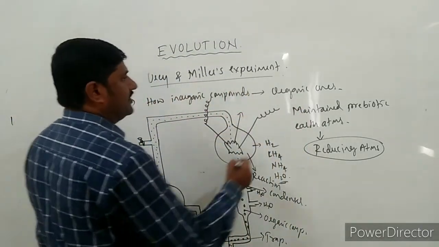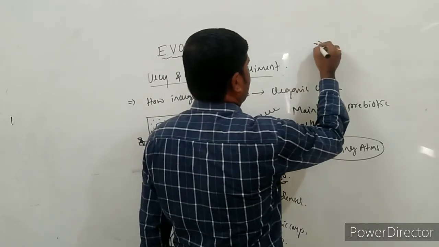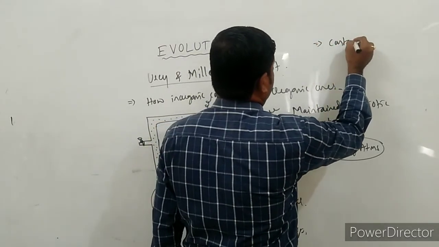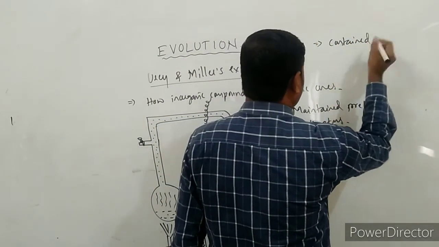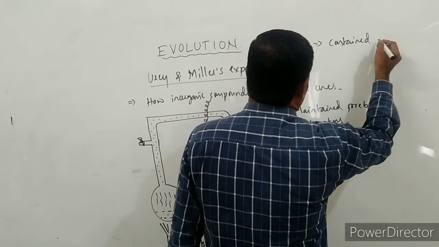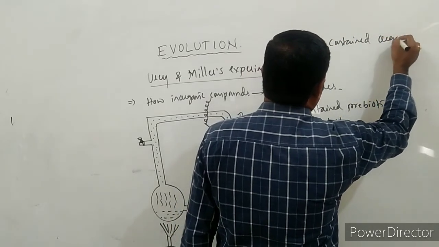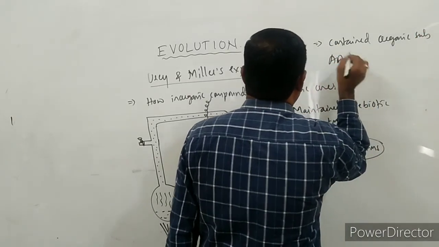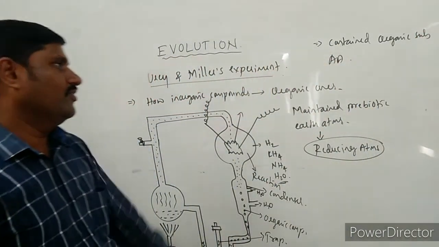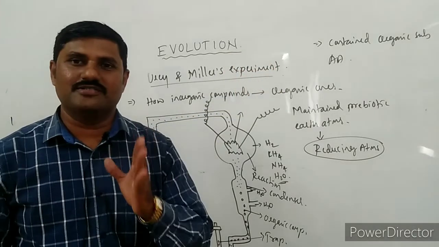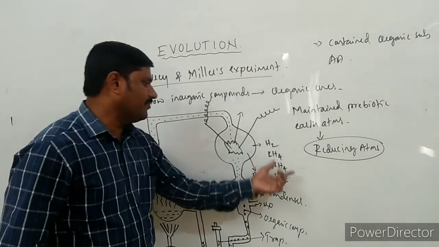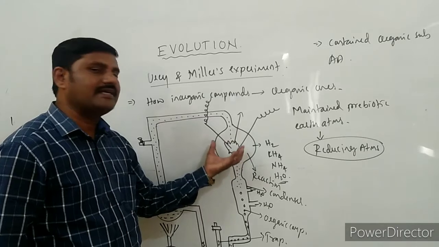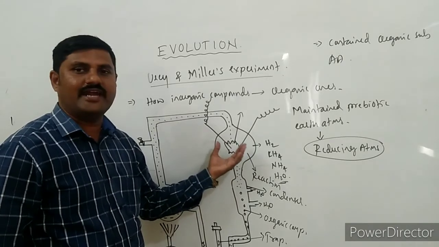So this trap material contained organic substances, especially amino acids. What does it show? It shows that the inorganic components reacted among themselves in the presence of lightning.